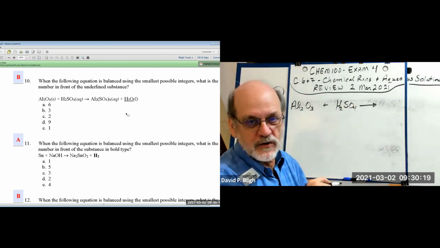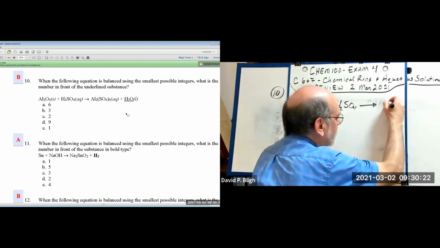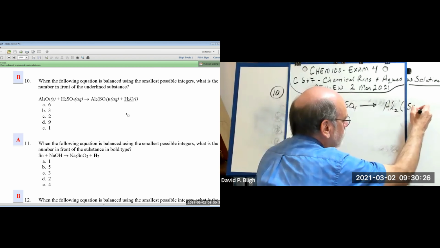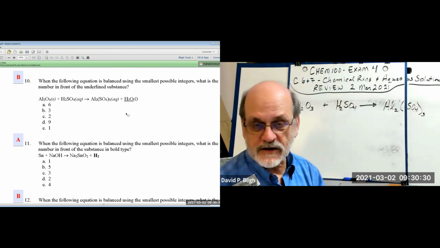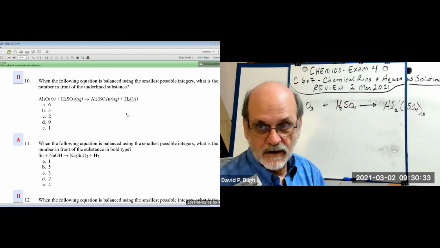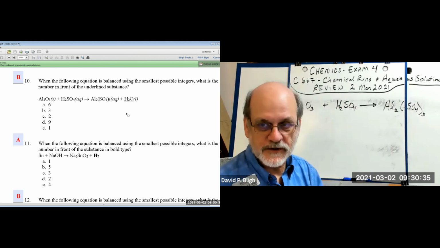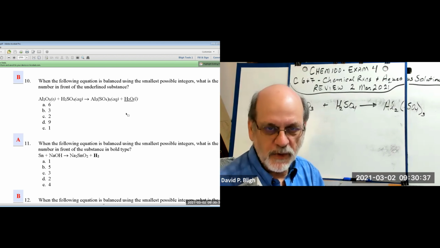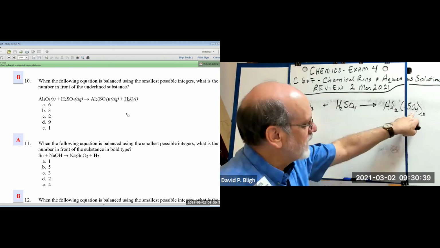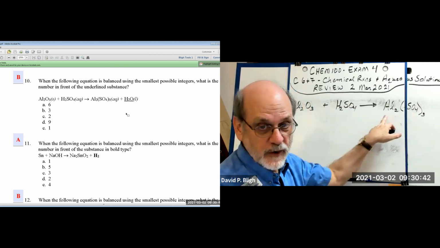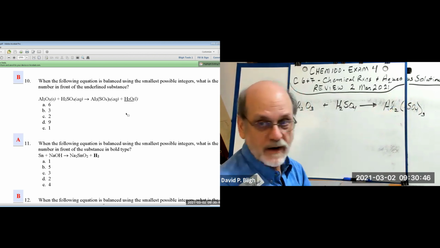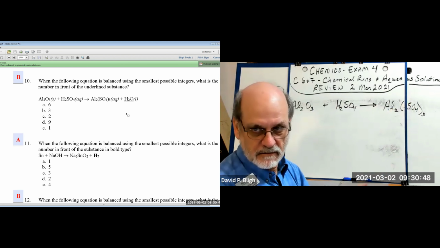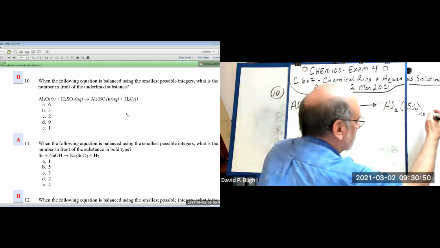Then we have Al2(SO4)3 with a 3 subscript because sulfate is a polyatomic ion. You can't mess with the subscripts. You have to use parentheses. So with a 2- charge here and a 3+ charge there, you cross multiply. 3 here, 2 there. That's your balanced compound. And then we have water.